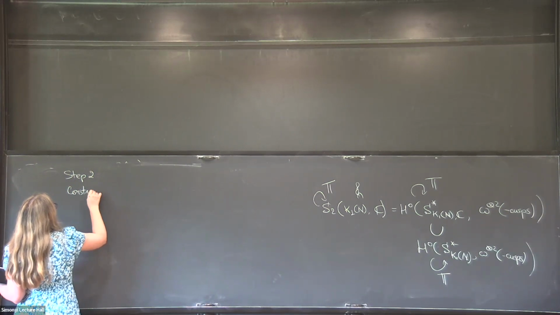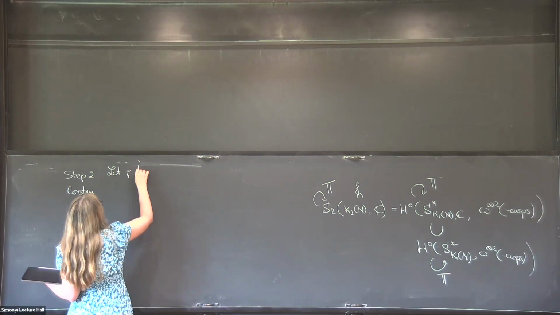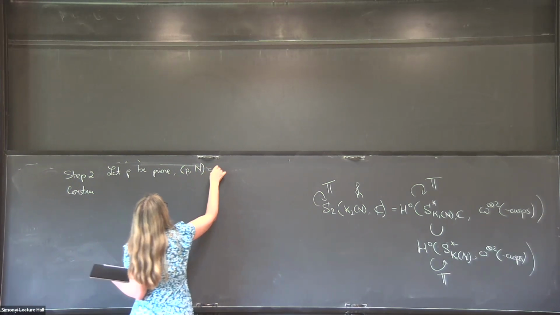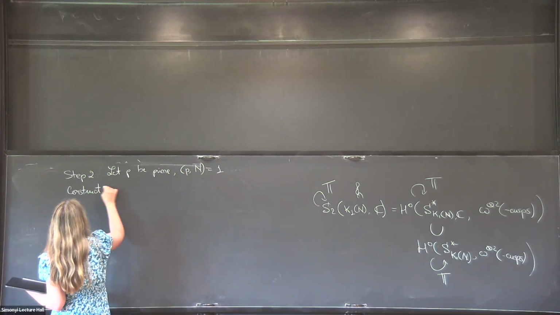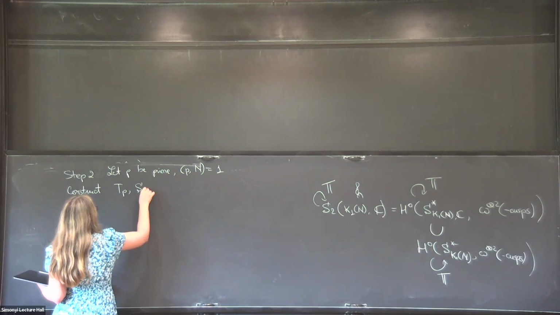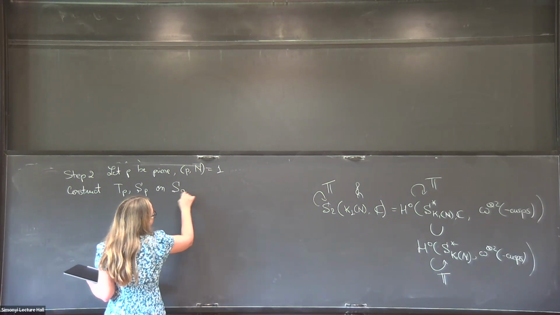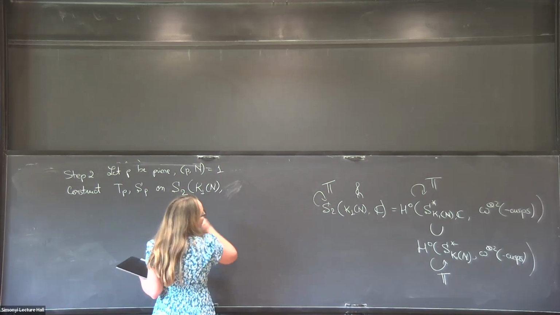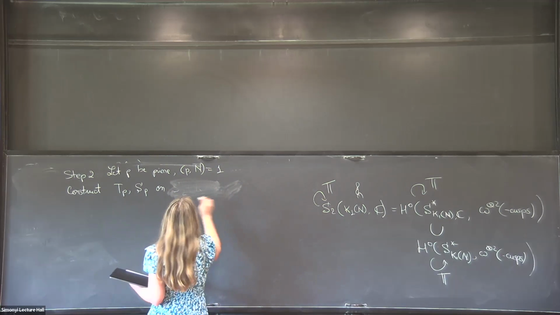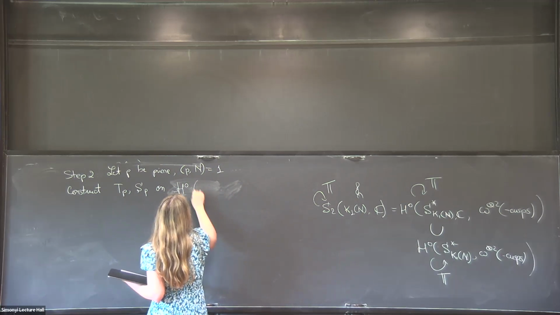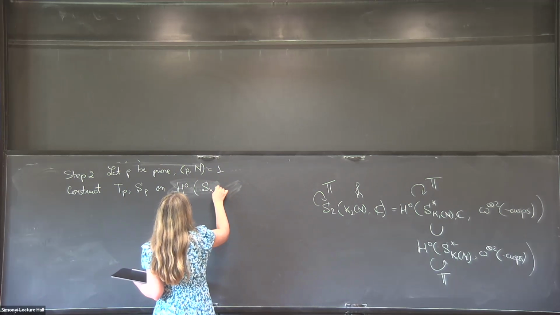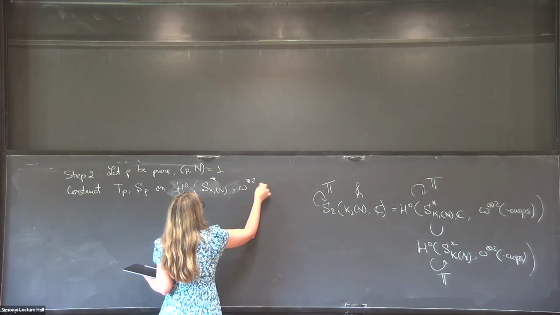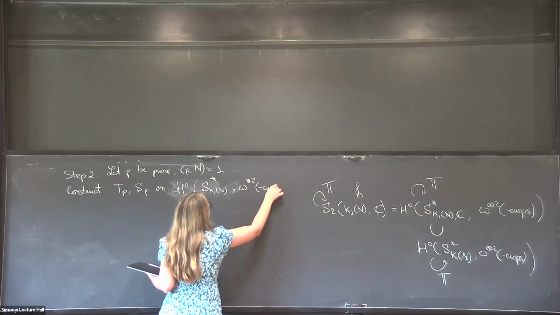Construct. So let's say let p be prime. Construct T_p and S_p on S_2(K_1(N)) on the integral, with zeros at the cusps or without.